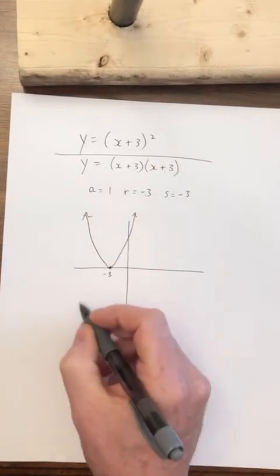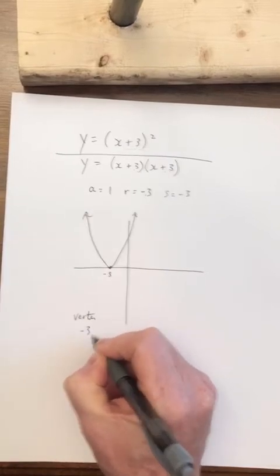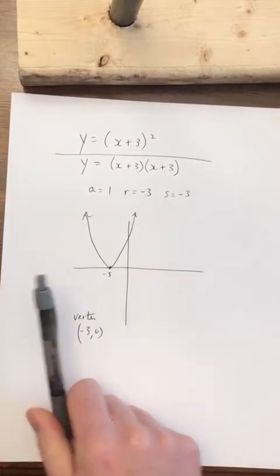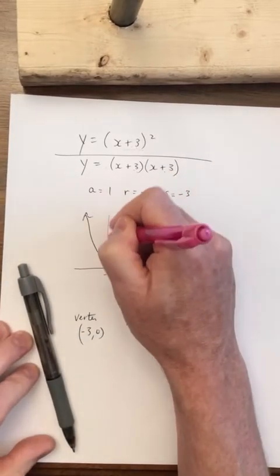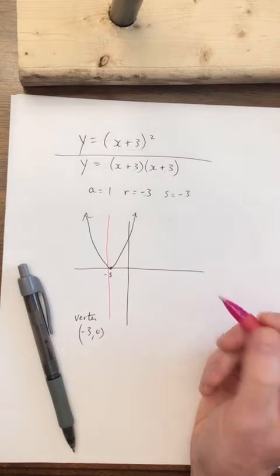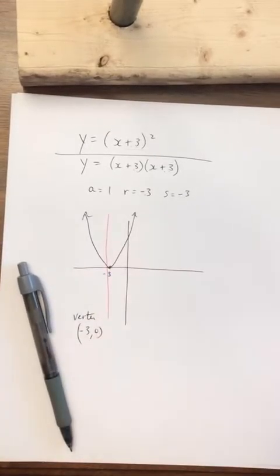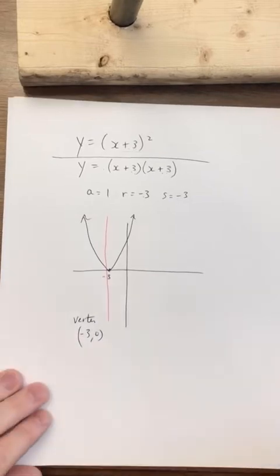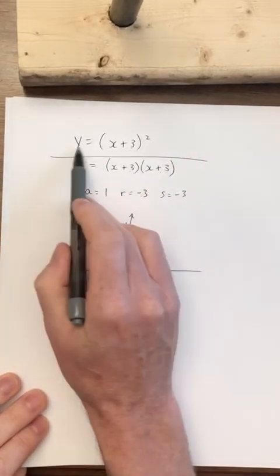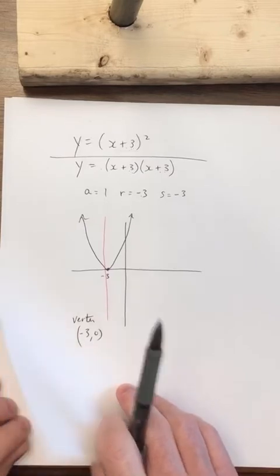So our vertex here is at (-3, 0). No need to find the axis of symmetry. We know that already from graphing it. And no need to sub back in and get the y value because we can see it right there. So that's a nice easy one. When you recognize it in this form, it makes life really, really easy.